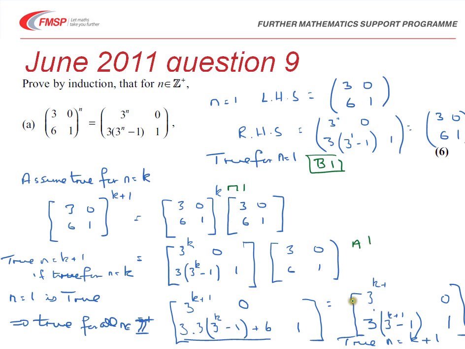As long as you've got that, then there's a dependent accuracy mark here, so that you've actually done the matrix multiplication correctly. And then finally, sorry, not quite finally, an accuracy mark for doing that multiplication and simplifying it, and the final accuracy mark for the statement at the end of your proof.